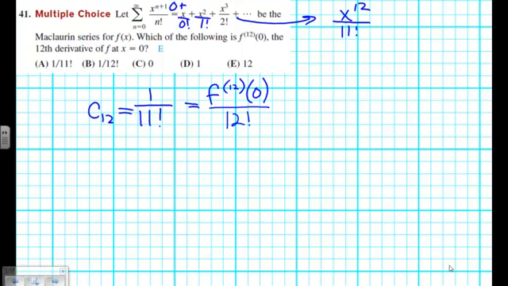I know this because that's the coefficient on the x to the 12th term, and this is the definition of the 12th coefficient. So let's see, can I solve for this?